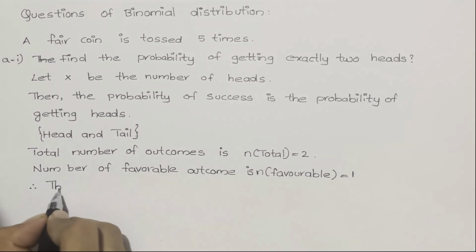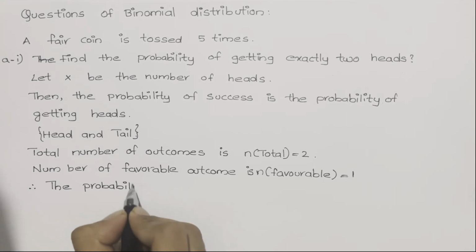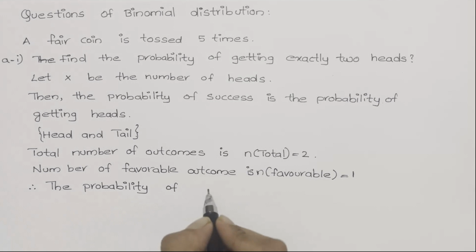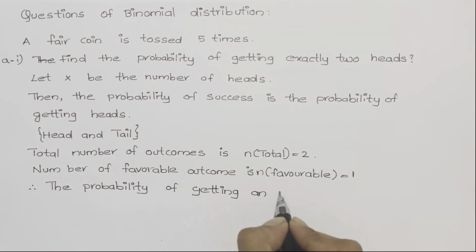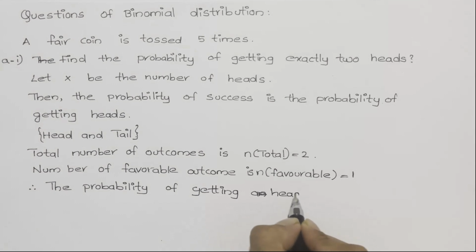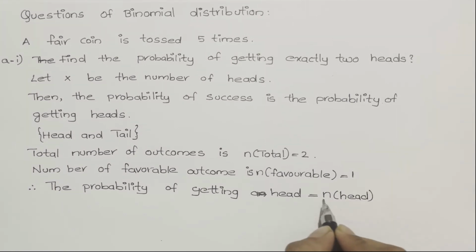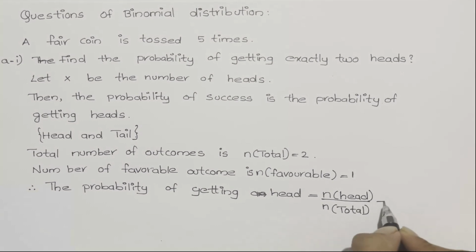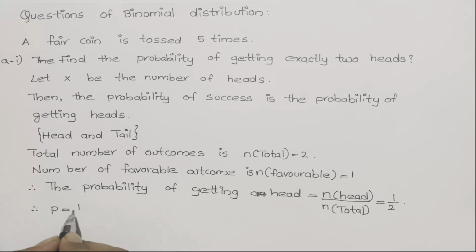Therefore, the probability of getting a head is n of head divided by n of total number of outcomes equal to 1 by 2. Therefore, the probability of success equal to 1 by 2.